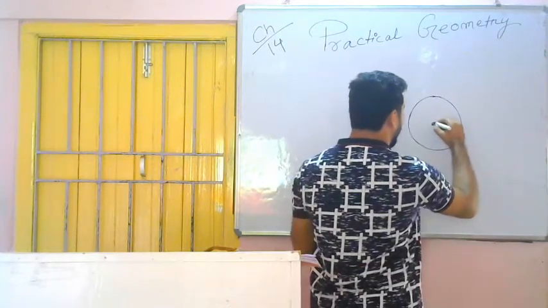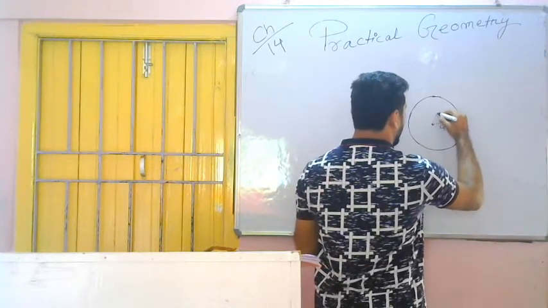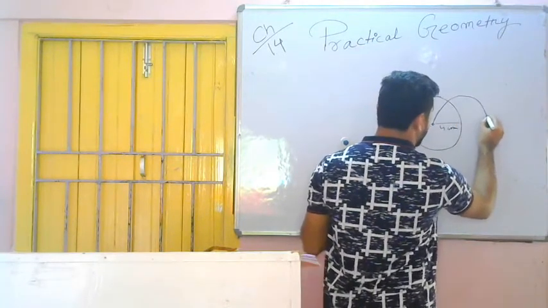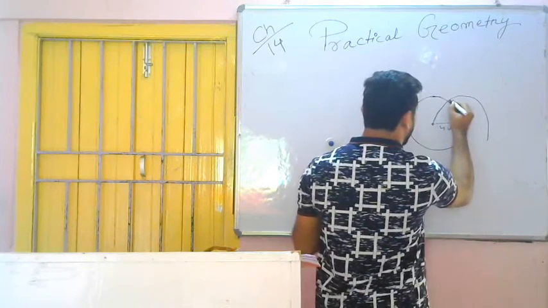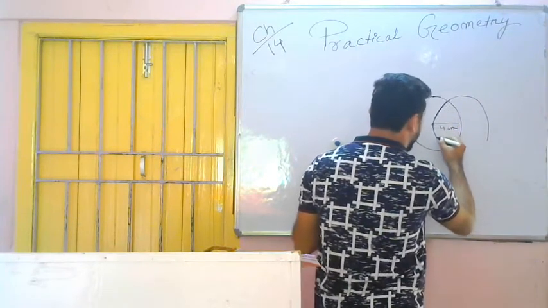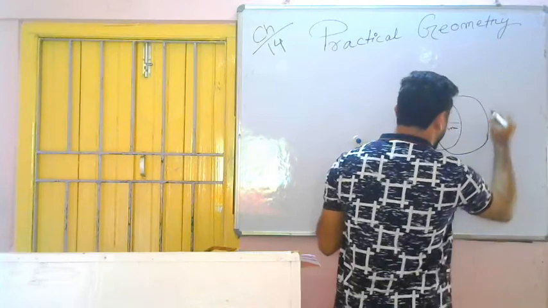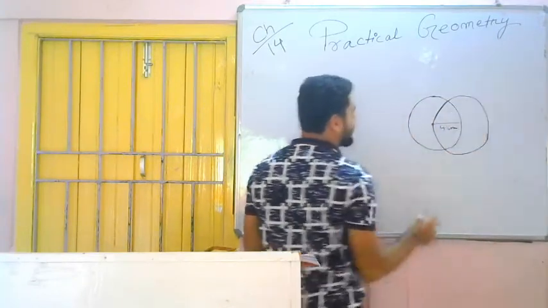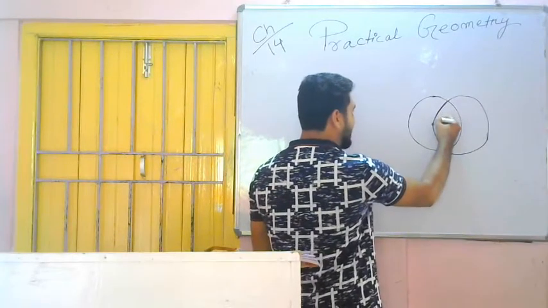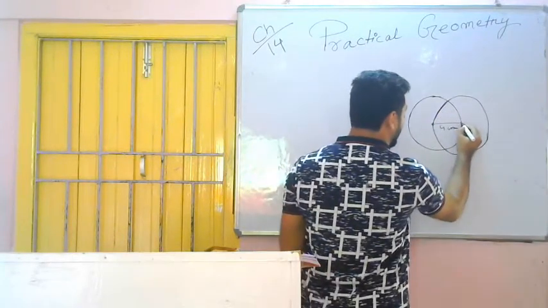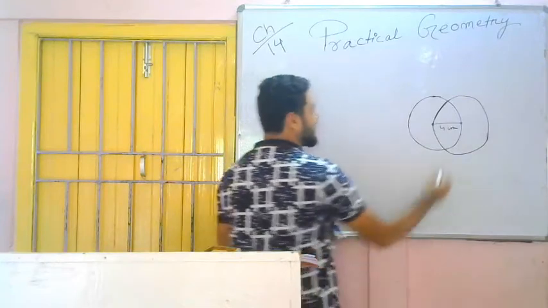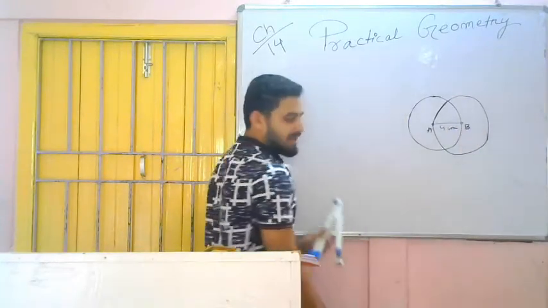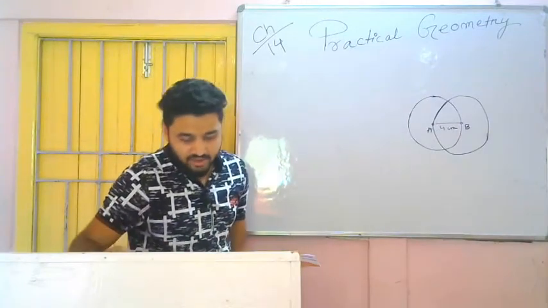Then this circle will also pass through the center of the earlier circle, okay? Then you just give a name A, B, okay?